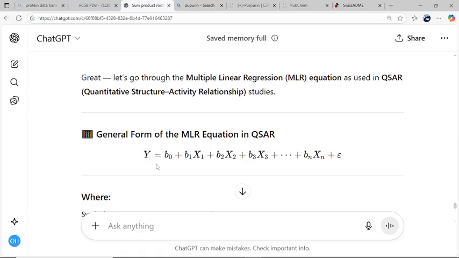The B0 here is the intercept, while B1 is the coefficient of the first variable, S1. Then B2 is the coefficient of the second variable, B3 is the coefficient of the third variable, and so on, depending on your number of variables, up to Bn, Sn.